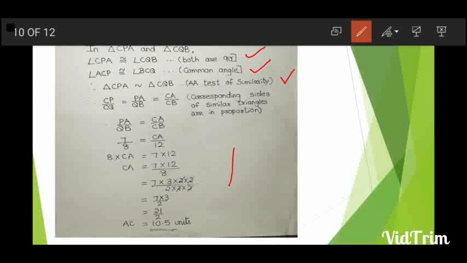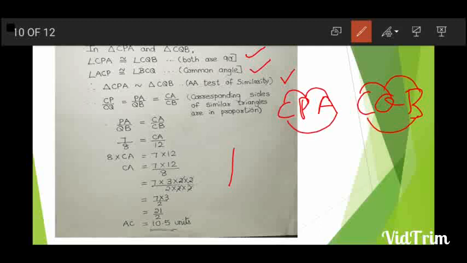As we know, if the triangles are similar, we write the proportional sides. How to write the proportional sides? Just now I told you: CP upon CQ is equal to PA upon QB is equal to CA upon CB. The reason is corresponding sides of similar triangles are in proportion. Again here they have given information about AP, and BQ is 8, and BC is given.